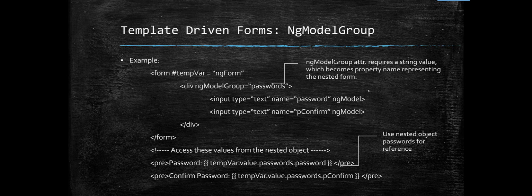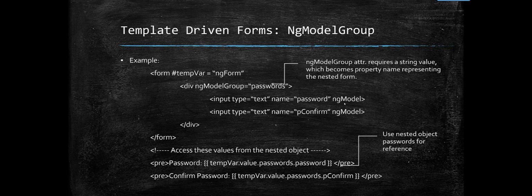The ngModelGroup attribute requires a single string value, which becomes a property name representing the nested form. Accessing these values from the nested object, like we just mentioned, we can just use interpolation here: tempVar.value.passwords right here.